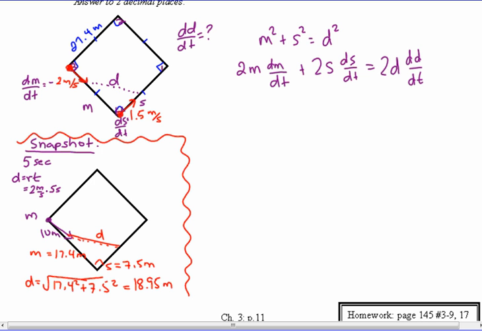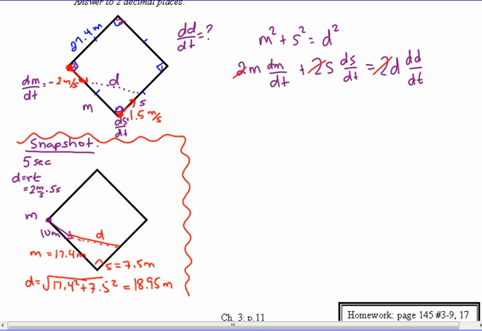Okay, what can we do to simplify this? There's something we can do to simplify it. Divide everybody by 2. Take out 2. That's prettier. And we're looking for who? dD/dt, right?